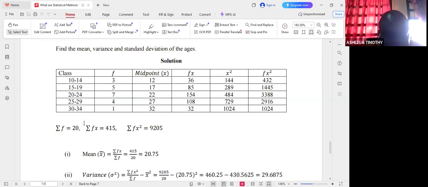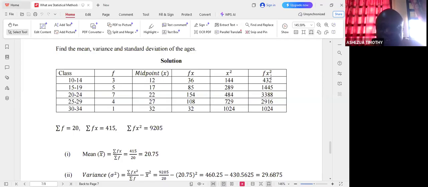So the summation of F, that is, if you sum all the frequencies, you have 20. If you sum F of X, you will have 415.